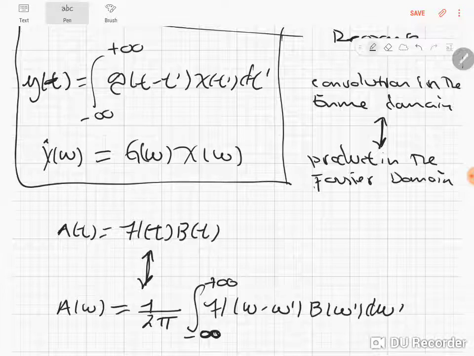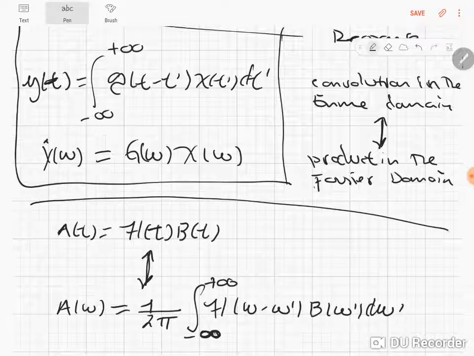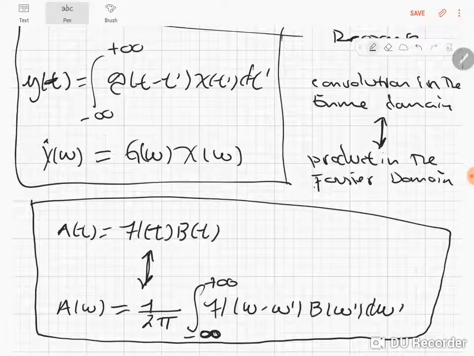So this property is dual, and we can apply it both in the spectral domain and in the time domain.